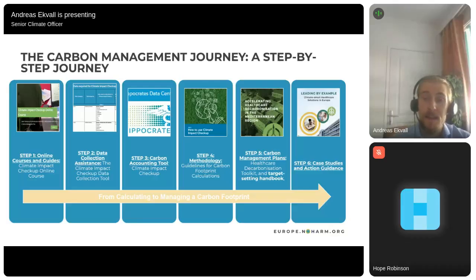The handbook has a place within our carbon management journey, which is designed to move healthcare providers from calculating to managing carbon footprint. And if you are new to carbon management, I highly recommend that you follow these visualized steps. I have placed the handbook in step 5, which focuses on developing plans to reduce greenhouse gas emissions.